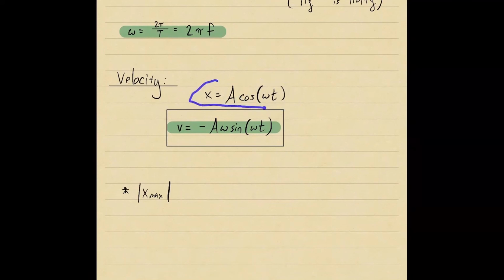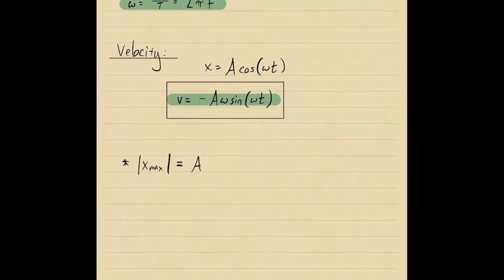So the max value that x can take is when cosine is at its max value, but the max value of cosine is just 1. So the maximum displacement that our spring or pendulum or whatever can achieve is its amplitude A.